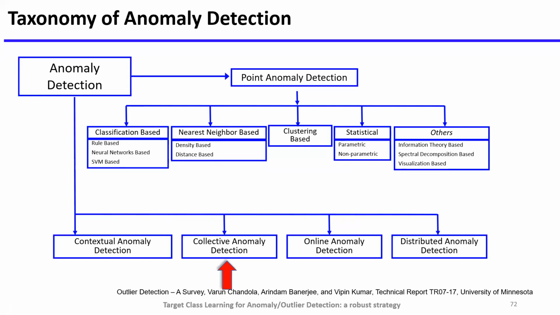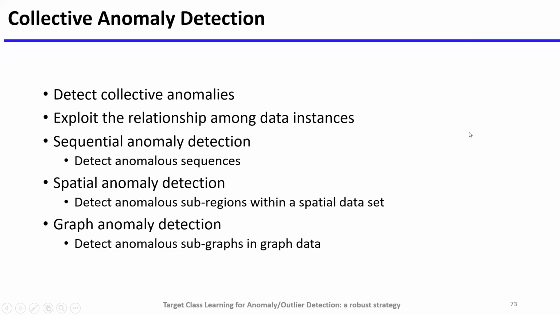So that is about the contextual part. Now collective anomaly detection is useful in some senses. For example, if we are dealing with sequential data, sequential anomaly detection can be one of the methods of collective anomaly detection, where we assume that the overall sequence could be normal or anomalous.